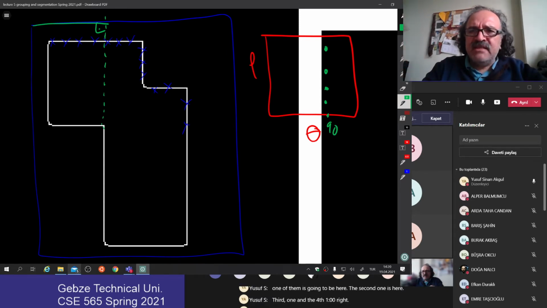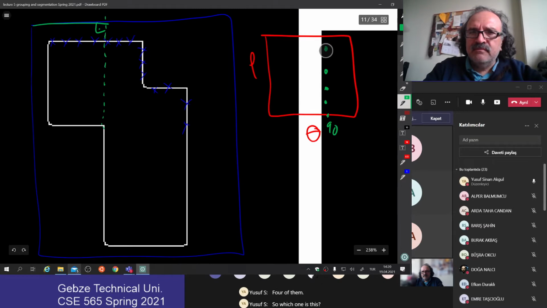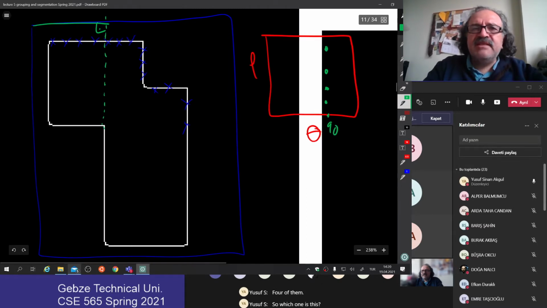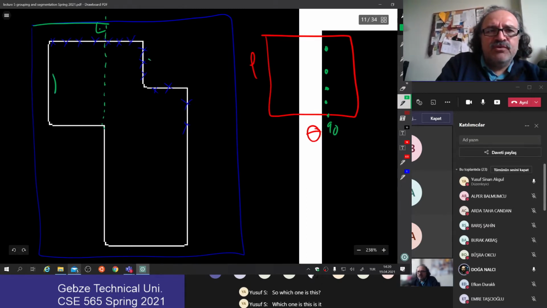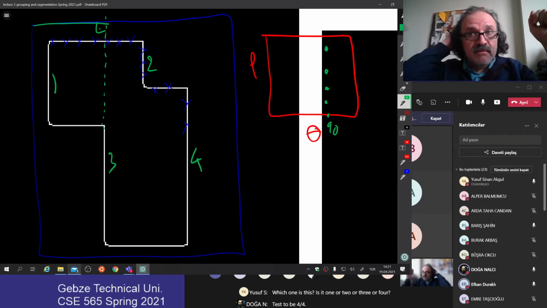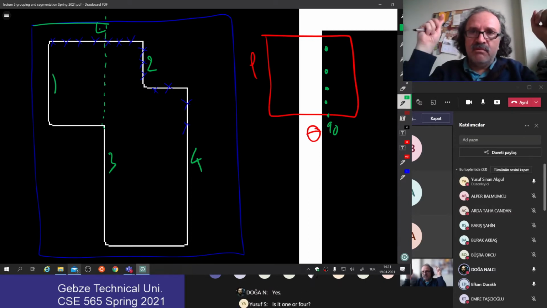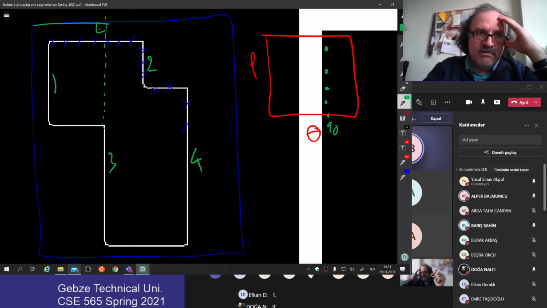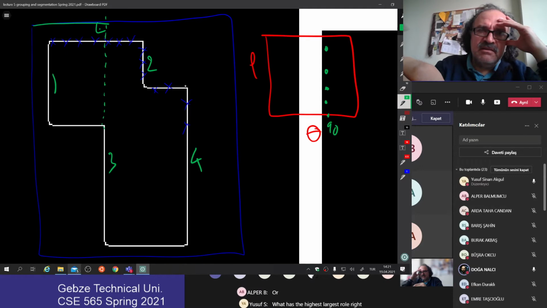So which one is this? Is it 1 or 2 or 3 or 4? I think 4. Yes. Is it 1 or 4? Four has the largest rho, right? Rho starts from the top left side.